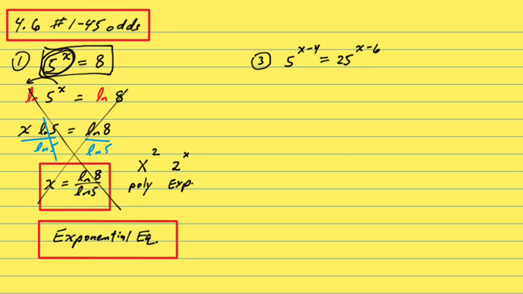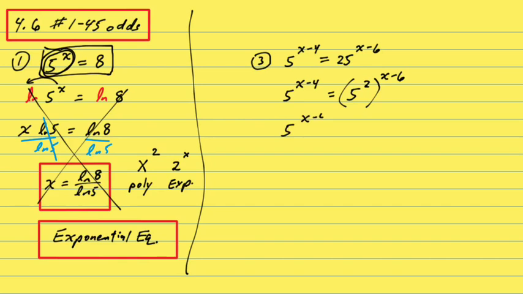Now when you get to 3, they do want us to solve. But luckily they're both base 5s. 25 could be called 5 to the second. And when you have a power raised to a power, like I do over here, you multiply your exponents. 2x minus 12. The expressions are equal, the bases are equal.